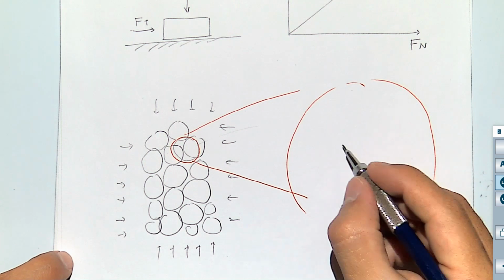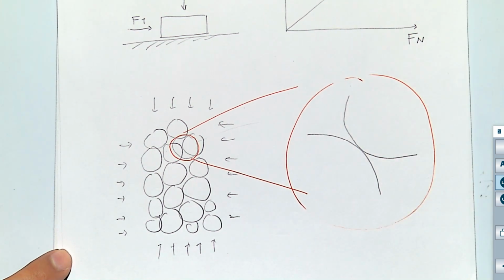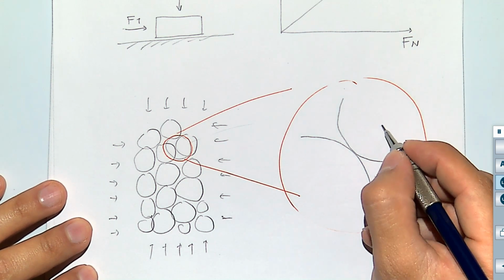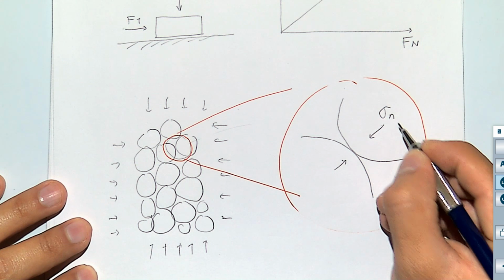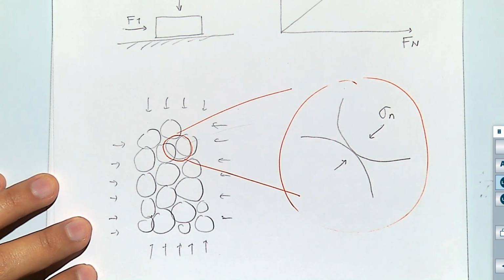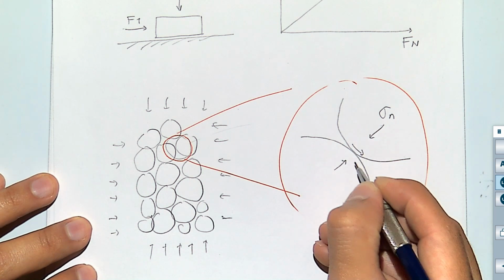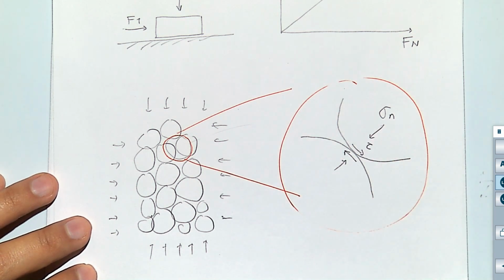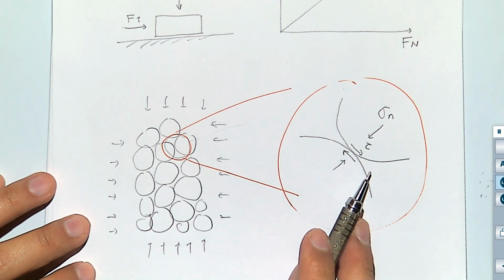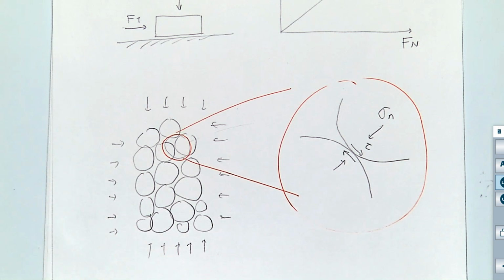The idea is that in the contacts between grain and grain, the bigger the effective normal stress grain to grain, the harder it is going to be to move these surfaces relative to each other.